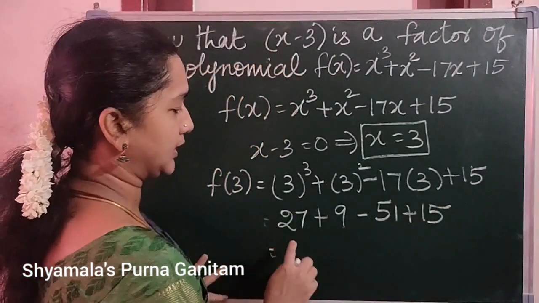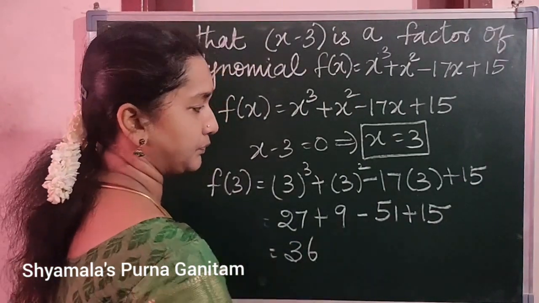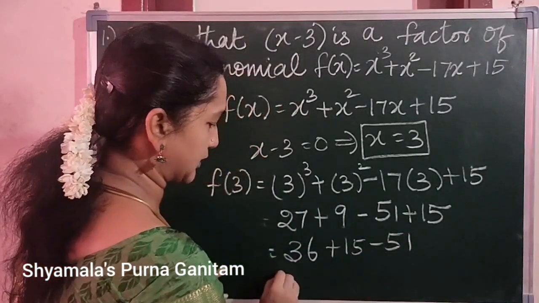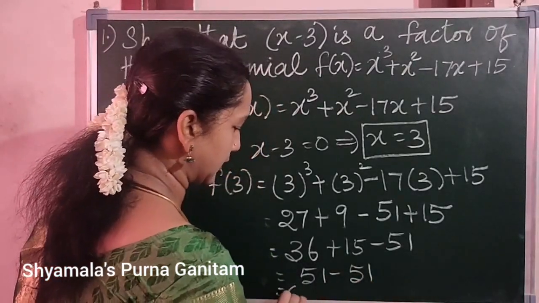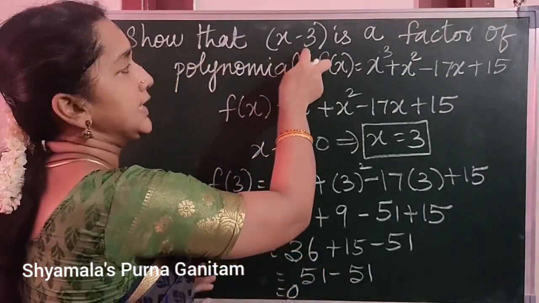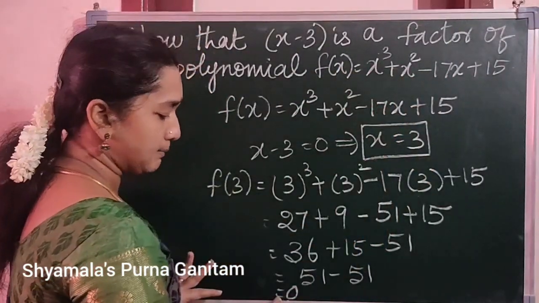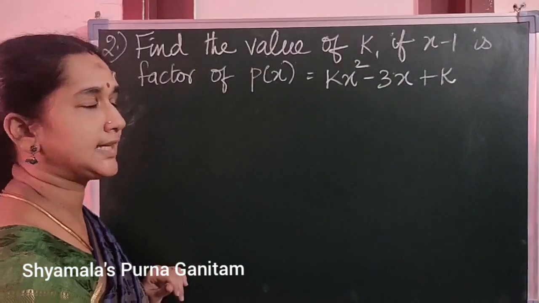Now we simplify: 27 plus 9 is 36, 36 plus 15 is 51, minus 51. This is equal to 0. So we have shown that x minus 3 is a factor of this polynomial, since this is equal to 0.